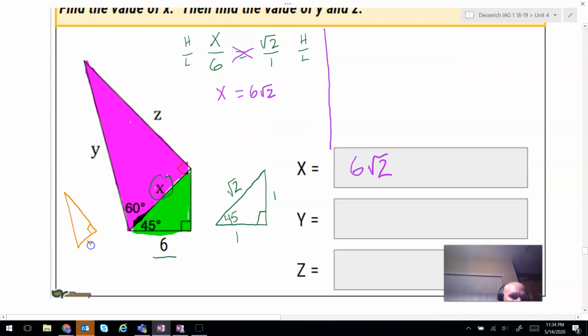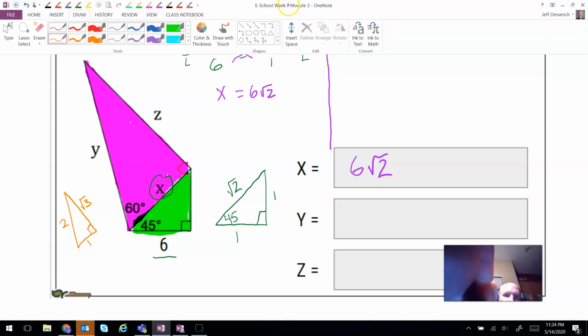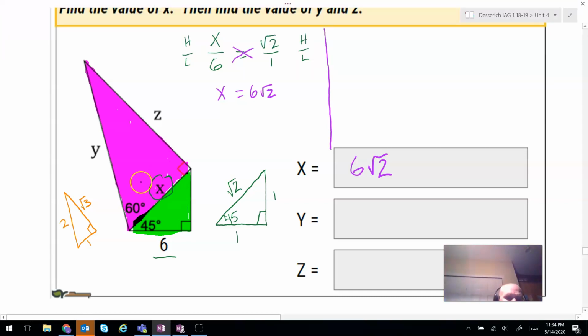Thelma has 1 as her short leg, 2 as her hypotenuse, and the square root of 3 as her long leg. So now that we know the short leg, what did we say it was? 6 times the square root of 2. That's what x equals.